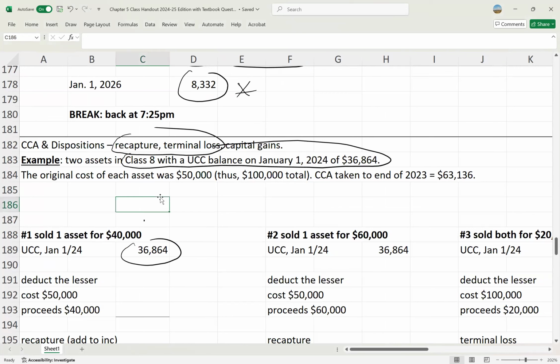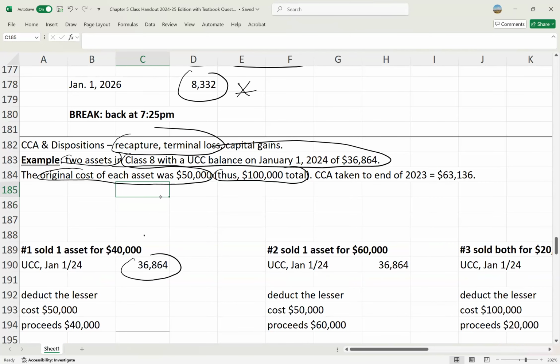These were two assets that were bought many years ago, with an original cost of each asset of $50,000. So the total cost of both was $100,000. We don't really worry about when they were bought.